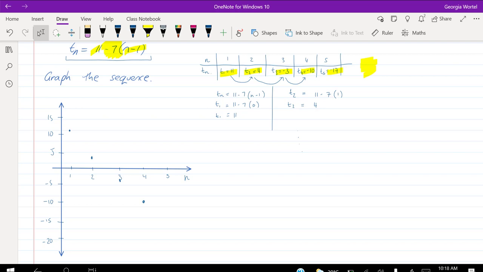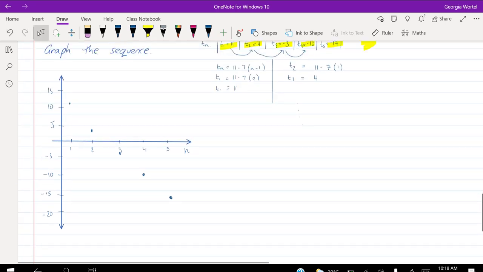And T5 is -17. So around about... I didn't do my axis very accurately, but you can see you've got a linear form of points there. We don't put a line through them. We just leave them as points. So keep that in mind as well.